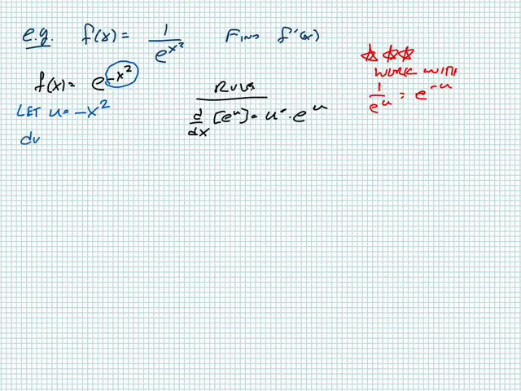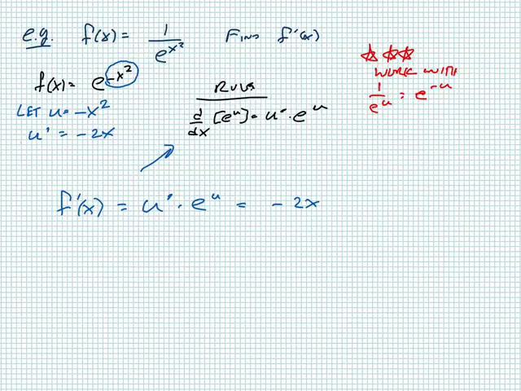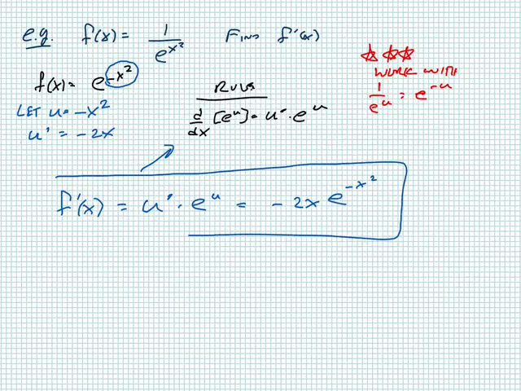And so my u prime is the way I want to write it, because I'm using the chain rule. My u prime is going to be minus 2x. So using this rule, I get f prime of x is equal to u prime times e to the u. And u prime is minus 2x, and e to the u is going to be e to the minus x squared. So this gives me my derivative for this function.